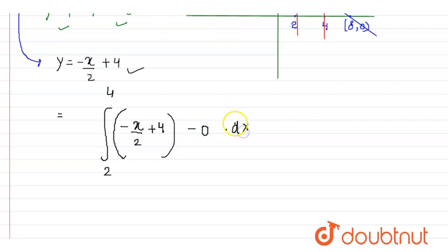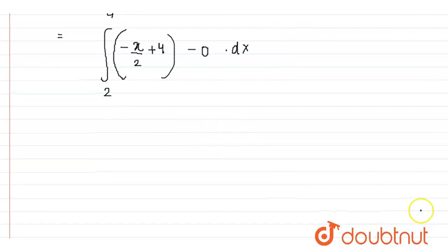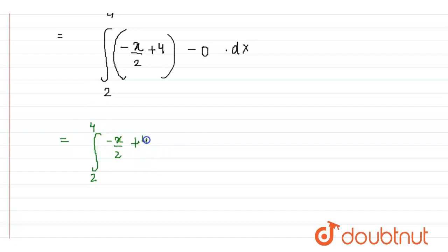We will do the integration of this particular thing and we will get the area of that bounded region. So that is equal to the integral from 2 to 4 of minus x by 2 plus 4 dx.